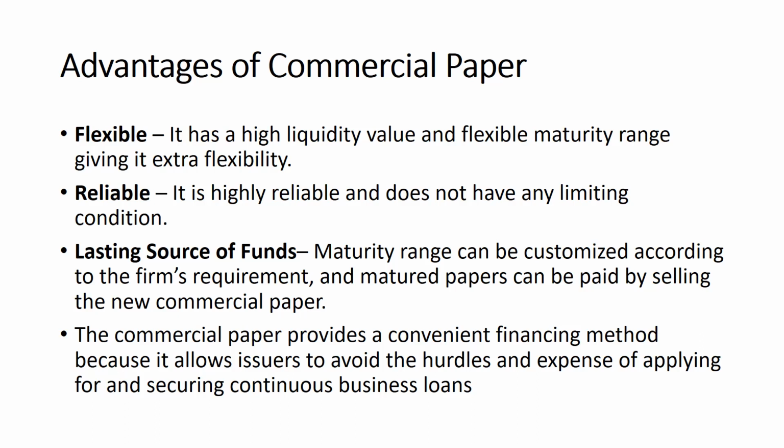It is also highly reliable and doesn't have any limiting conditions; there are not many ifs and buts in this commercial paper. After maturity you can sell it or give it to another person anytime. The maturity range can be customized according to the firm's requirement, so a lock-in of 7 days, 3 months, or 6 months can be decided by the issuer. Matured papers can be paid by selling new commercial paper.